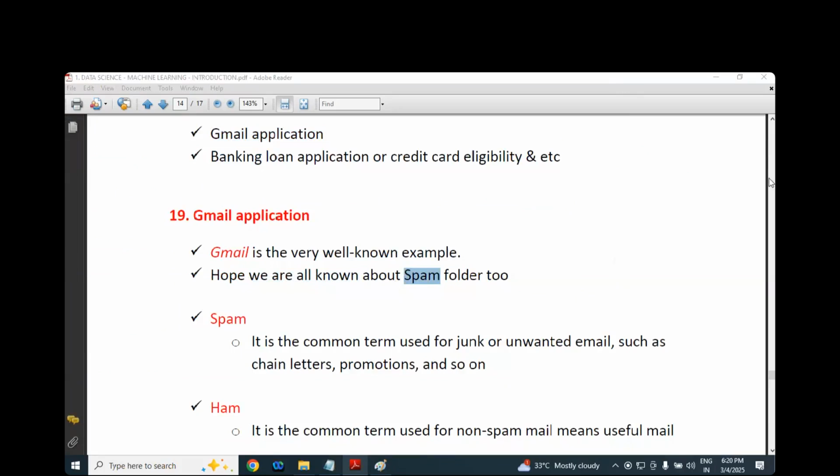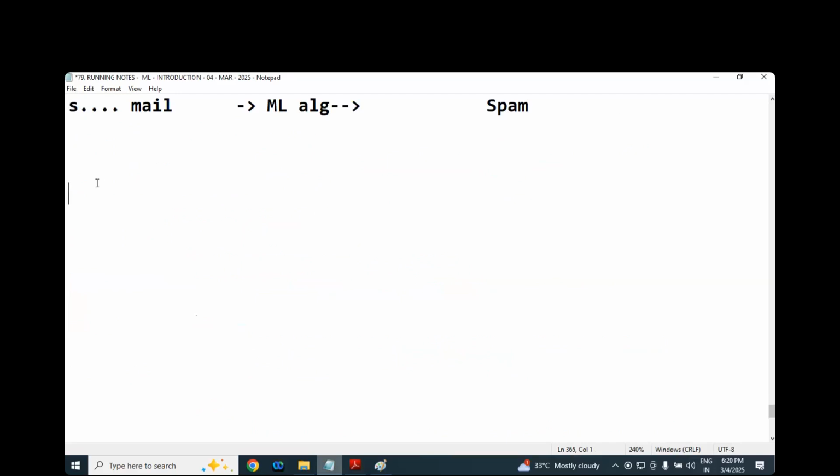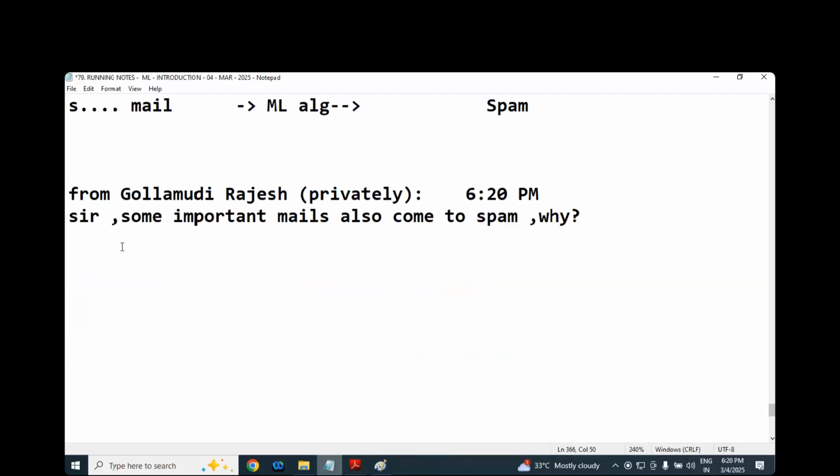Good. I understand. Some important mails also come to the spam actually. Very good question. Sir, when you're talking about a machine learning algorithm, when it comes to prediction, it never gives 100 out of 100 actually. Definitely the ML algorithm has some error.